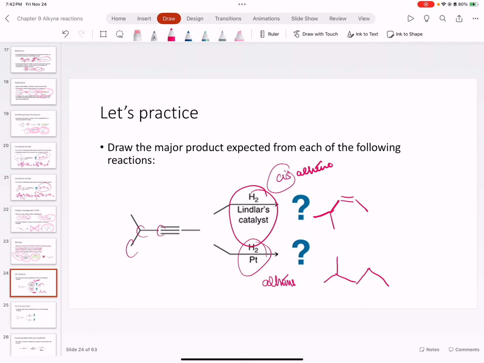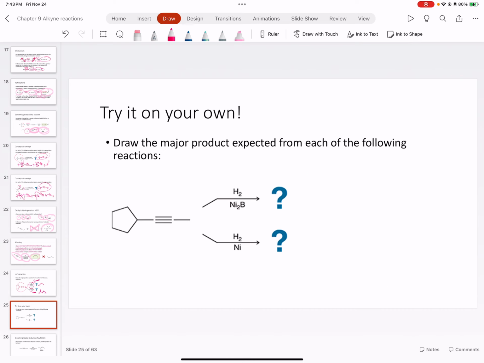So you have 1, 2, 3, 4, 5, and here I have 1, 2, 3, 4, 5, and then I have 1 carbon pointing up on my second carbon. So then I have 6 carbons, so I should be good. Okay, so now you can try it on your own.